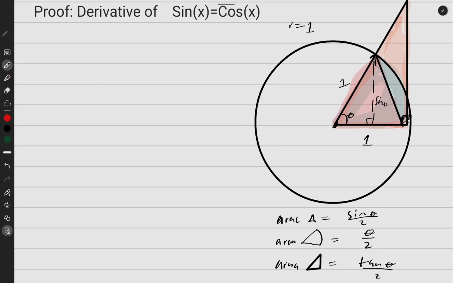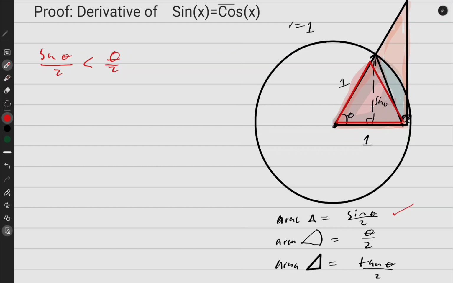Okay, we have obtained very useful results to use in our proof. We notice that this area that I'm trying to draw is the smallest area. So sine theta all over 2 is smaller than the next one, the pizza slice, which is theta over 2.